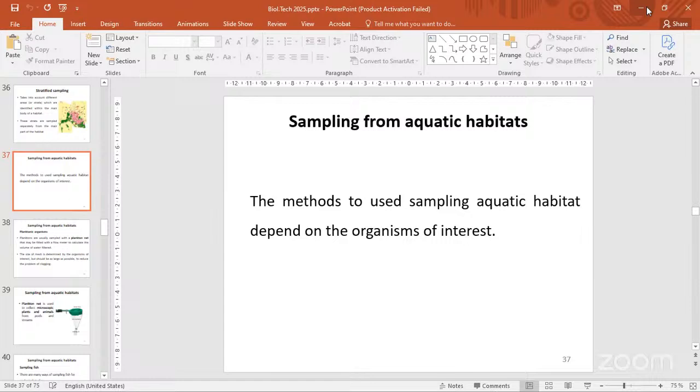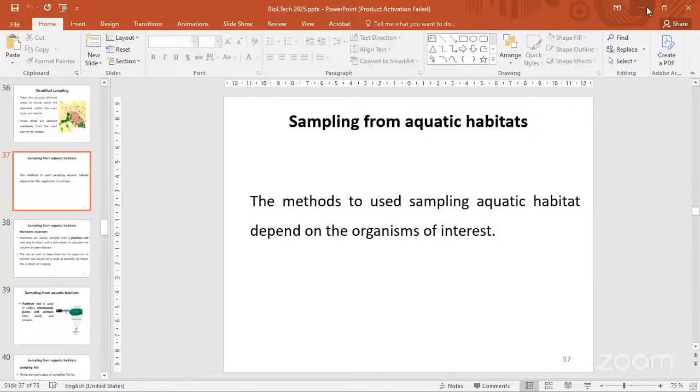Now, the last time we met, we were talking about sampling from terrestrial or field habitats. And we talked about the different sampling methods or techniques: random sampling, systematic sampling, and stratified sampling.